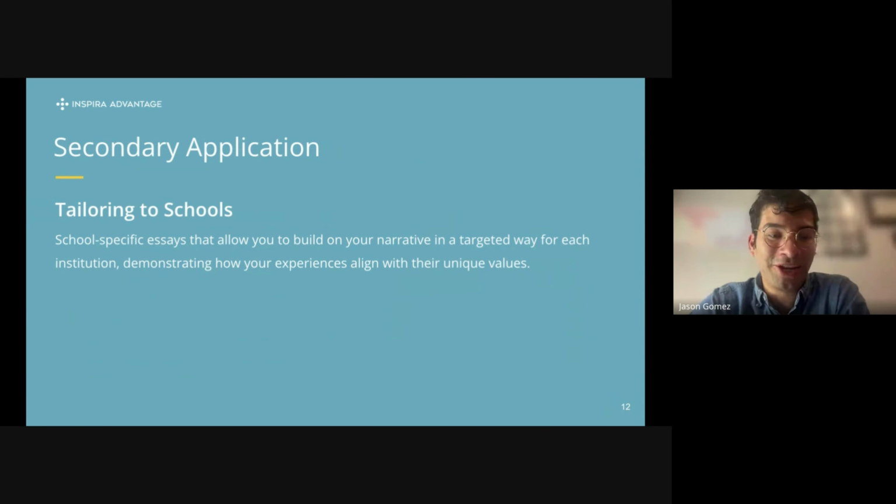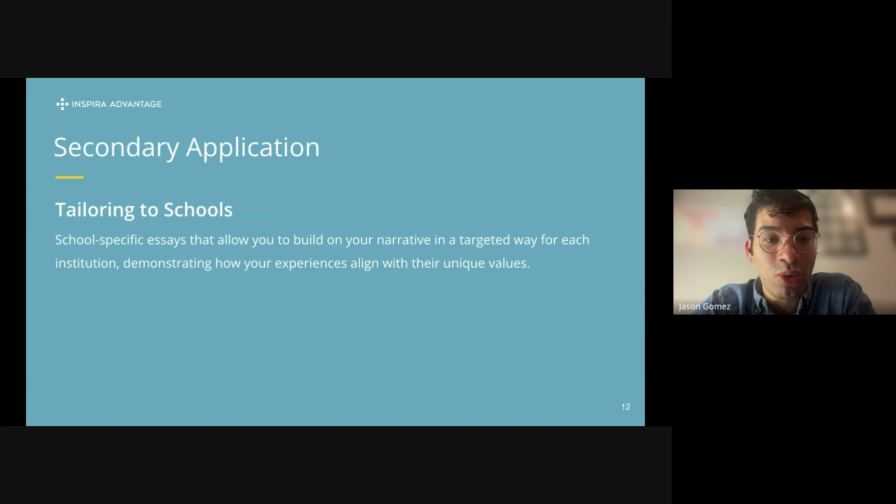You also want to make sure that your secondary application is consistent with the narrative, but that you're also adding net new information. To the extent that you can, you do not want to repeat any of the same information you have in your primary or your personal statement. The secondary application is really a way to differentiate yourself and show how you would fit into that school's mission. You can have a consistent narrative, but tailor it to the mission of the school.